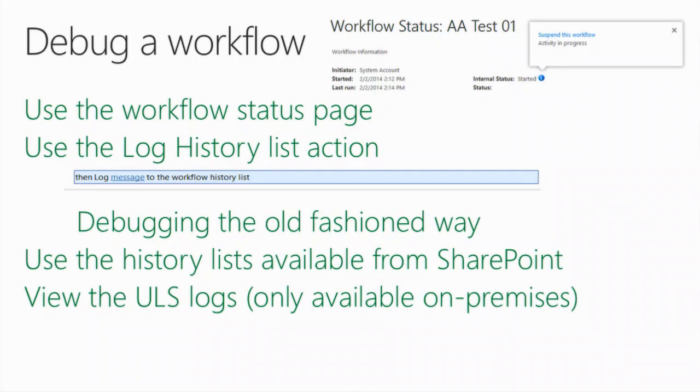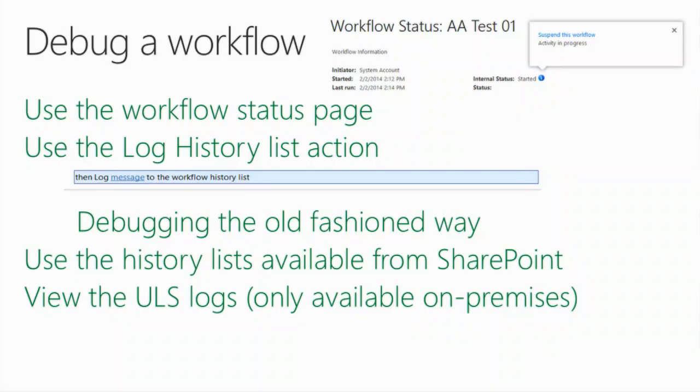Otherwise, unfortunately, the only way to debug is the old-fashioned way. There's a specific action called log history, which logs all the actions that you are doing, and you can put some specific actions inside your SharePoint Designer, and so you can try to follow what's happening. So for the moment, there's no real good solution. That's for online, of course.